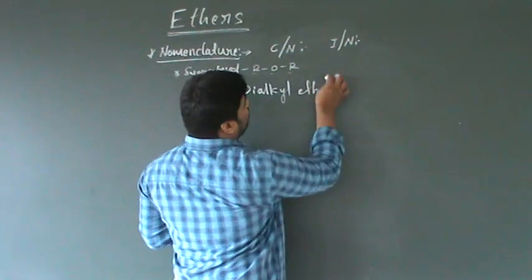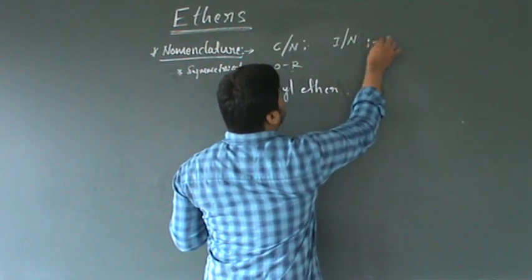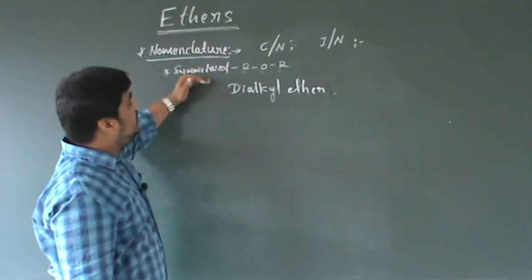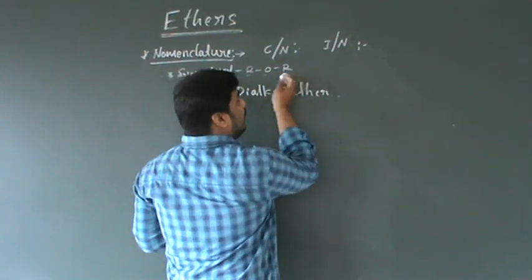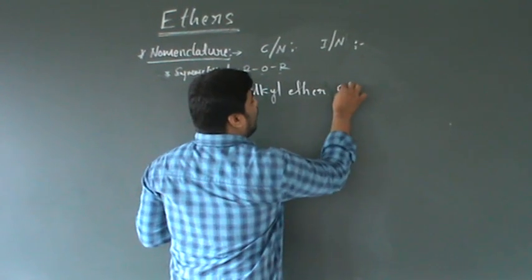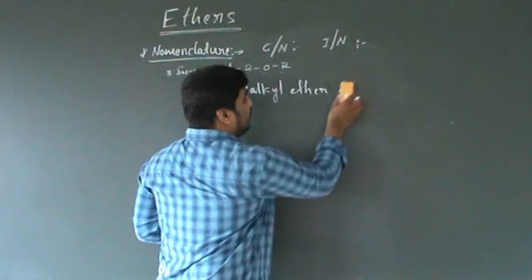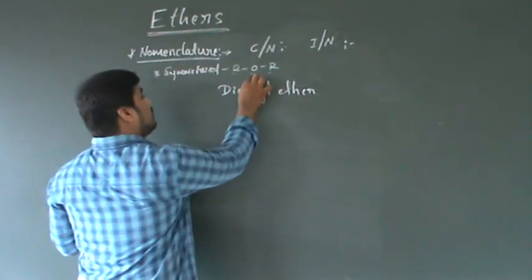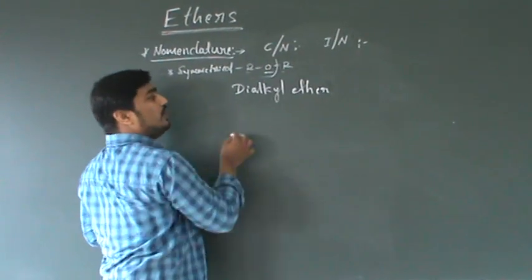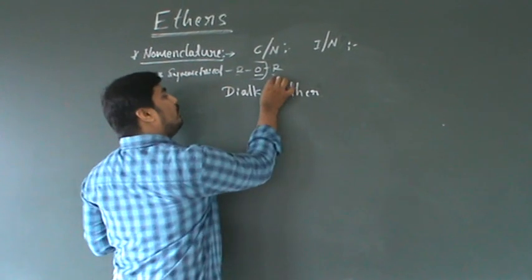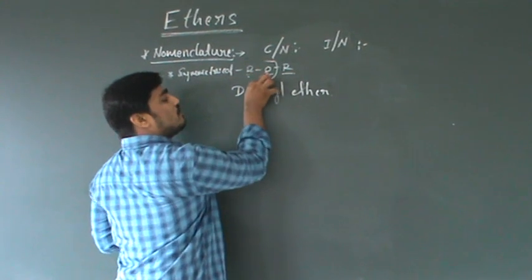And what is the IUPAC system? In the IUPAC naming system, the symmetrical ethers are named differently. Here we observe one thing. There is an oxygen at the center. We should consider one part as alkyl, and another part becomes alkoxy.